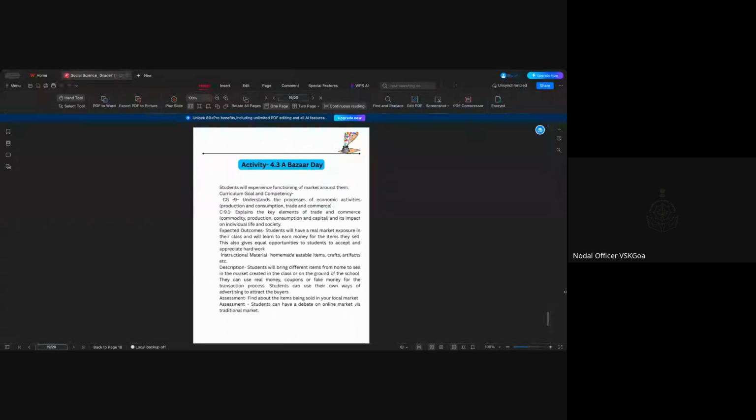What we expect from the students is that they will have a real market exposure in their class and will learn to earn money for the items they sell. This also gives equal opportunities to students to accept and appreciate hard work. So, the teacher is free to conduct this activity.